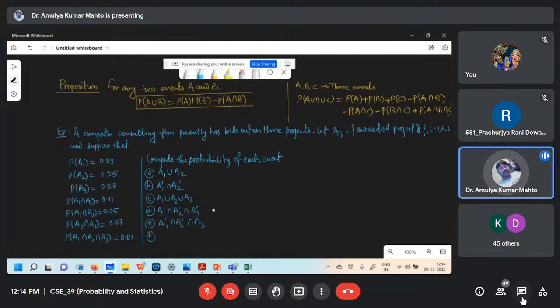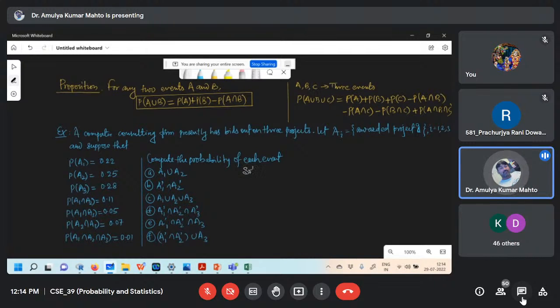And one more: the probability of A1 complement intersection A2 complement union A3. So these are the 6 events for which you need to find the probability.